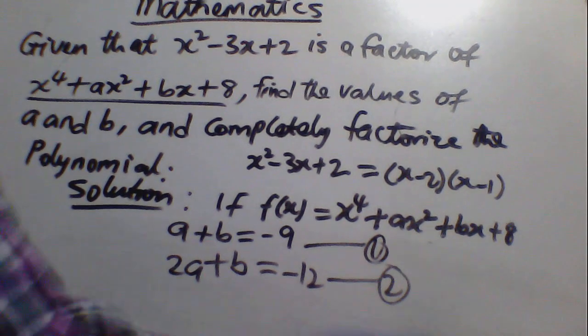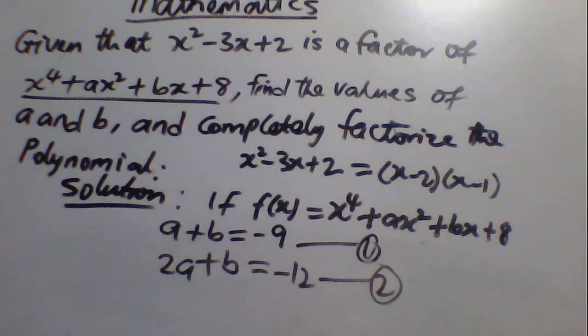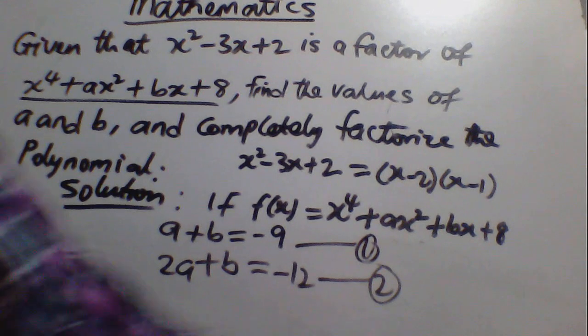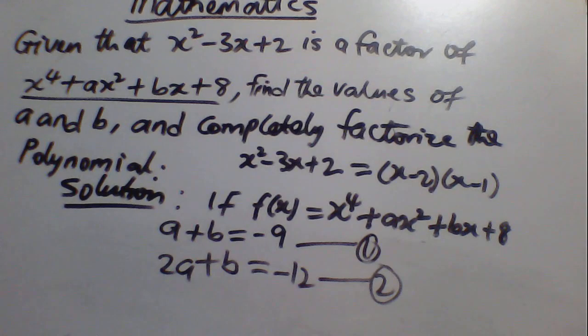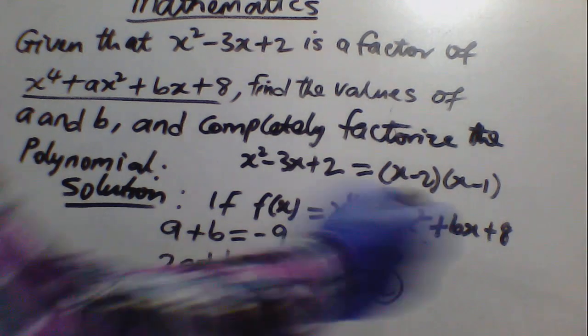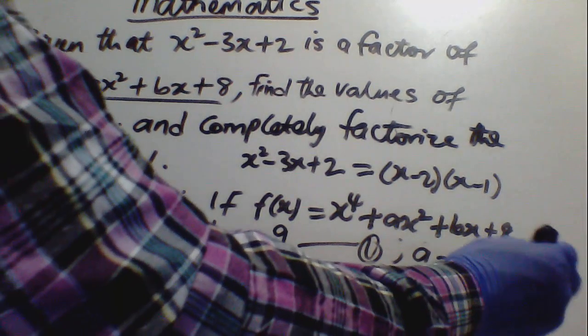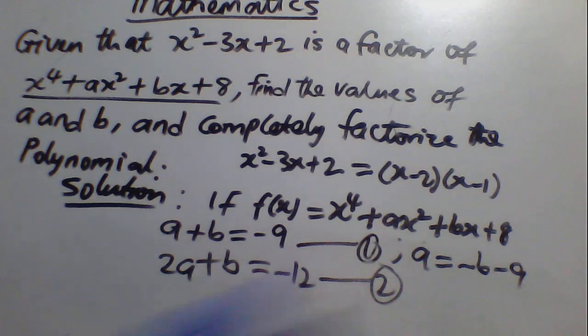The next thing is to solve the simultaneous equations formed in a and b. From equation 1, we can make a the subject of the formula. So from equation 1, we know that a equals minus b minus 9.